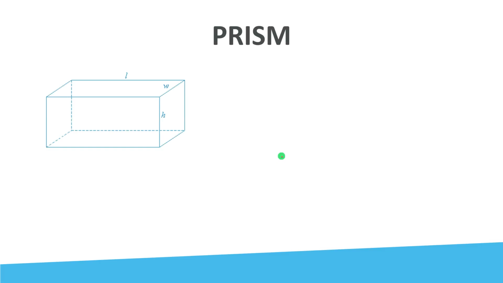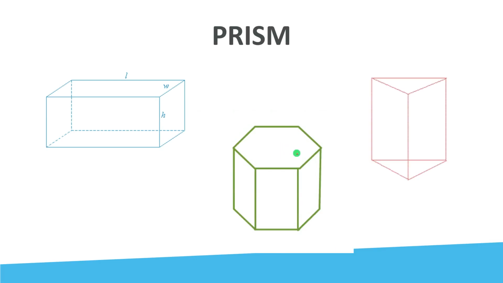Here are examples of a prism: a rectangular prism, a hexagonal prism, a triangular prism. We have two parallel faces, and all other faces are also polygons, as in this hexagonal prism.